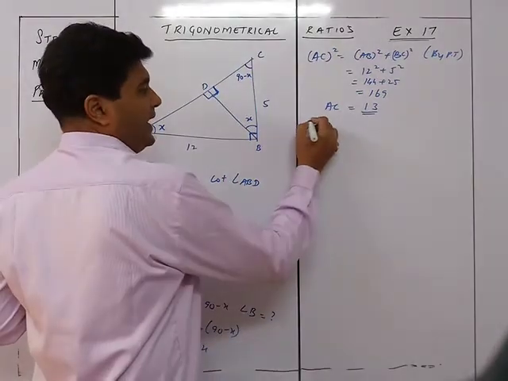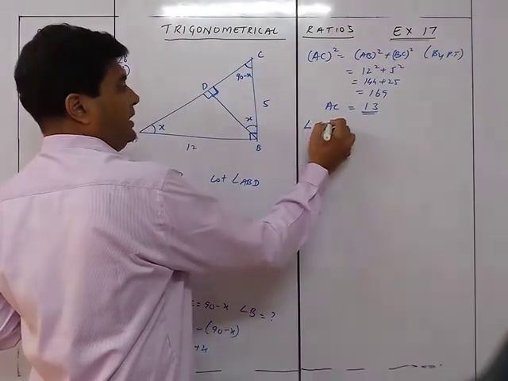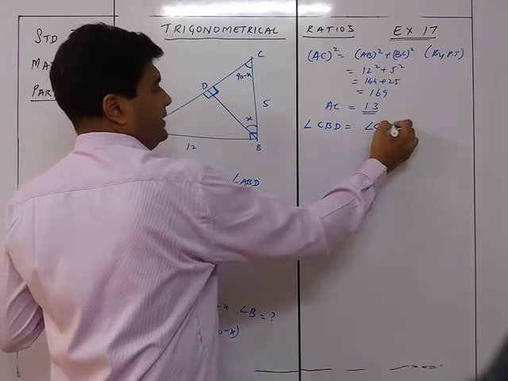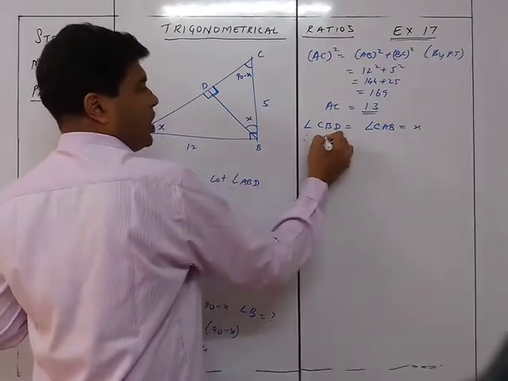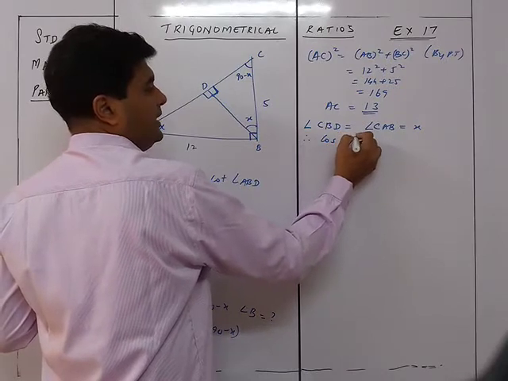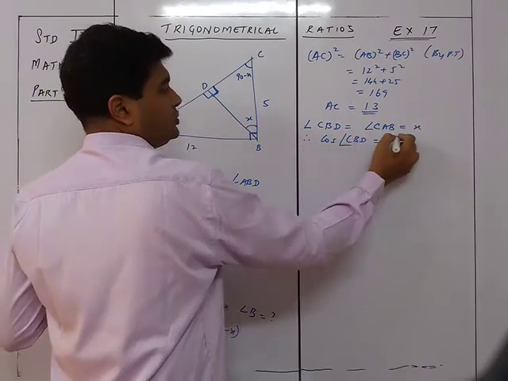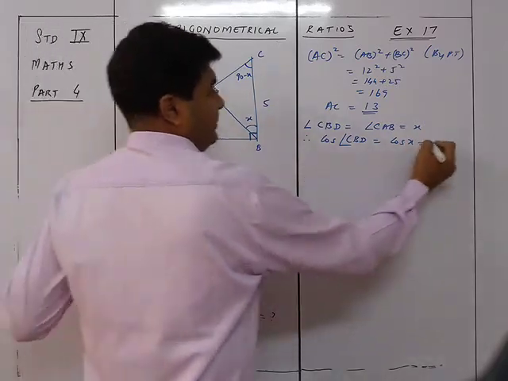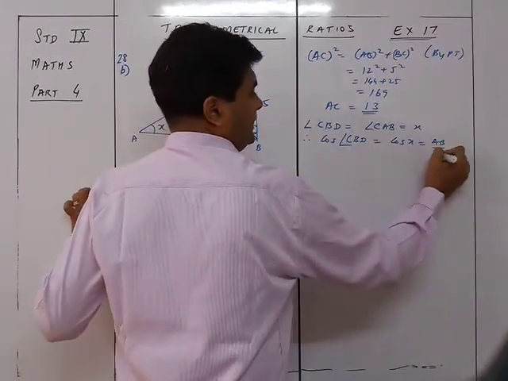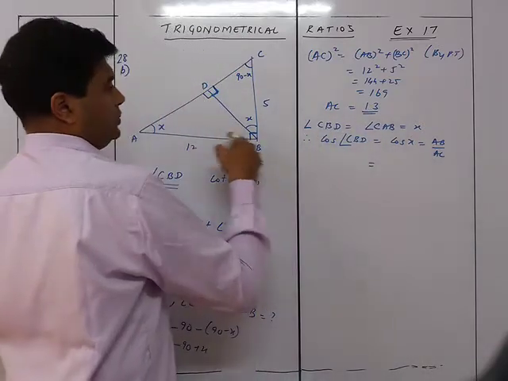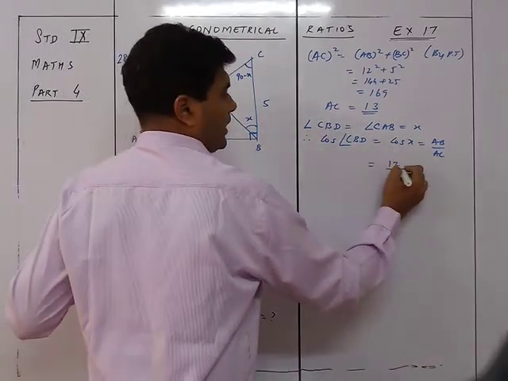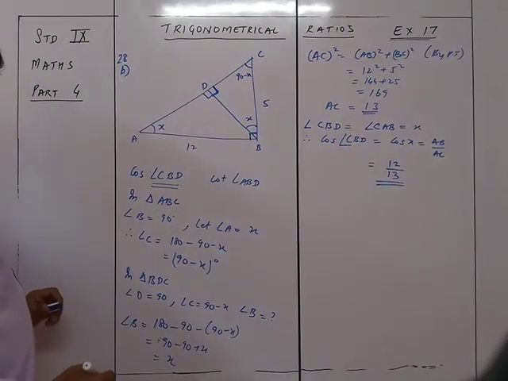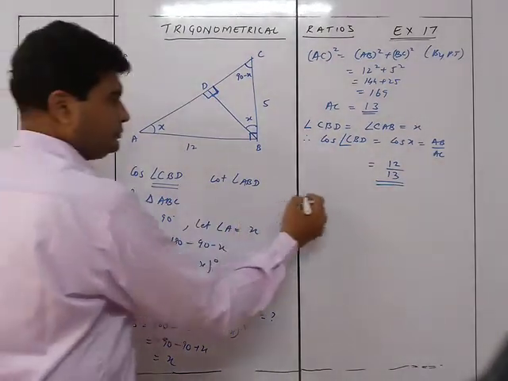Accordingly, we know that angle CBD is equal to angle CAB, which is x. Therefore, cos CBD is equal to cos x, which is AB upon AC. AB is 12, so it is 12 upon 13. That's the first answer.